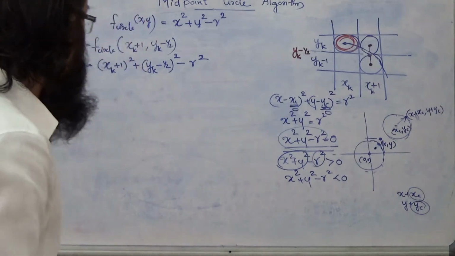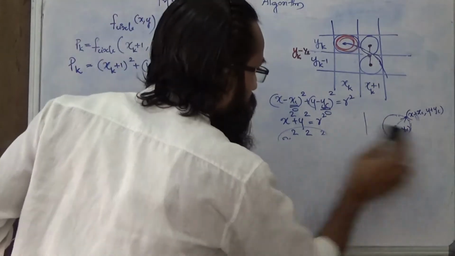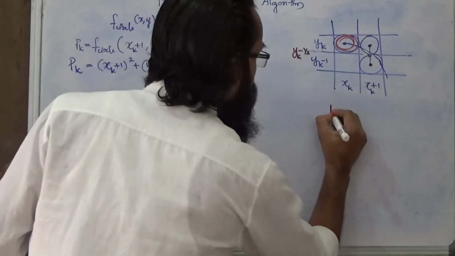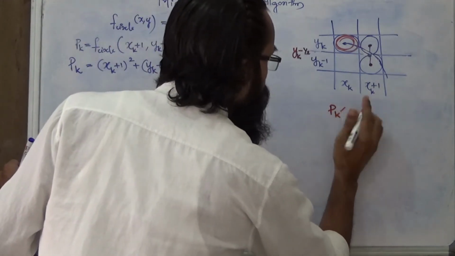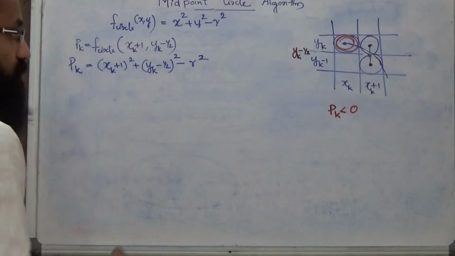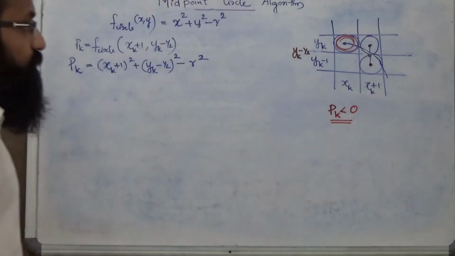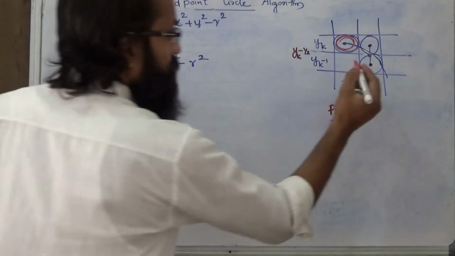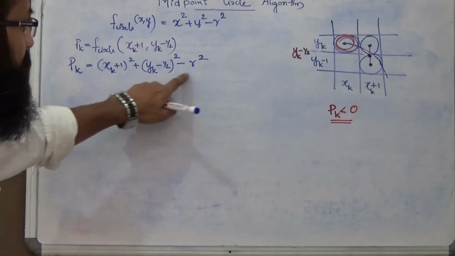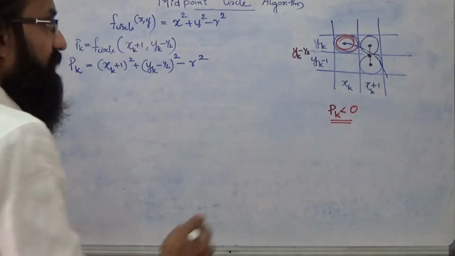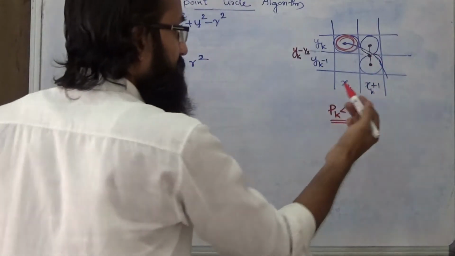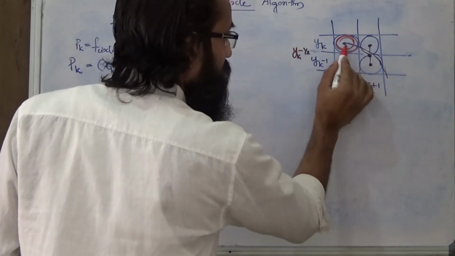Now what happens if pk is less than 0? If pk is less than 0, because we are talking about this point, then that means this midpoint is inside the actual circular path.